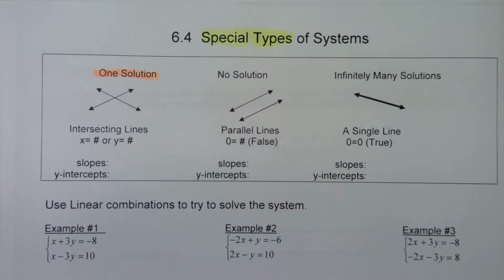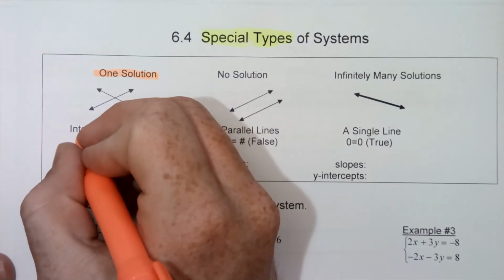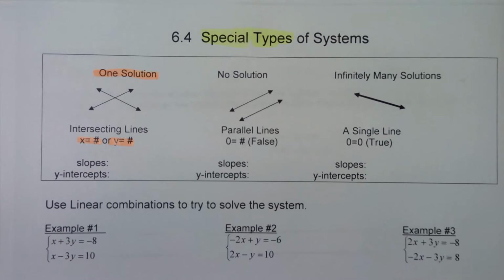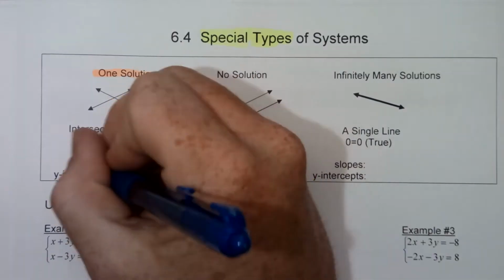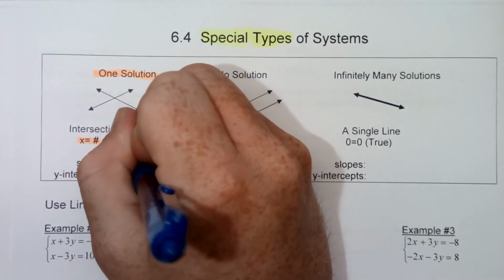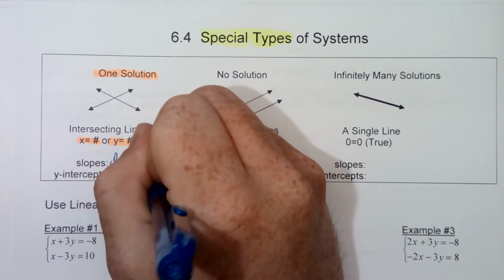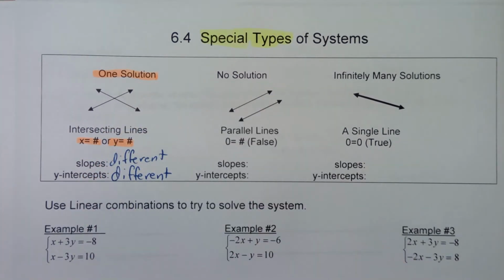So our final answer will be x equals a number or y equals a number. That means you will have different slopes and different y-intercepts in your two lines.